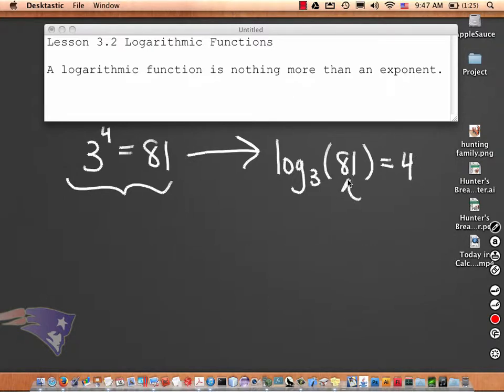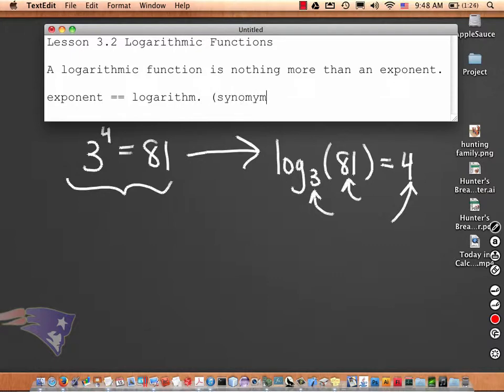This is called the argument. Even though traditionally in Algebra 2 you would call 4 the exponent, we're going to call it the logarithm. So the word exponent and the word logarithm are synonyms.